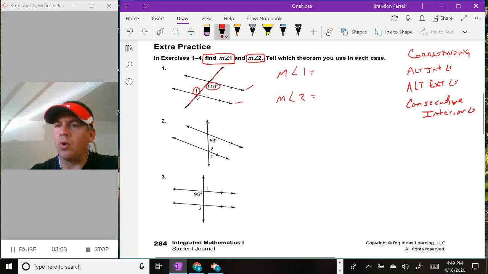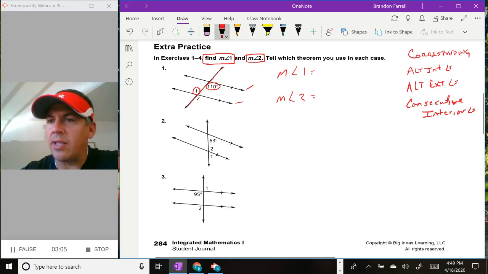Okay, so the corresponding angles, according to parallel lines, are congruent. Alternate interior angles are also congruent. Alternate exterior angles are congruent. Consecutive interior angles add up to be supplementary, or 180 degrees.